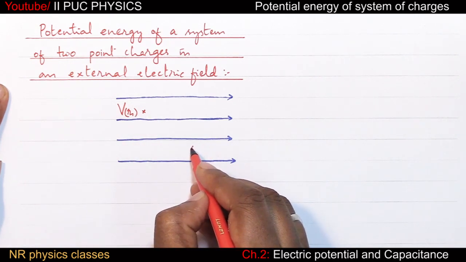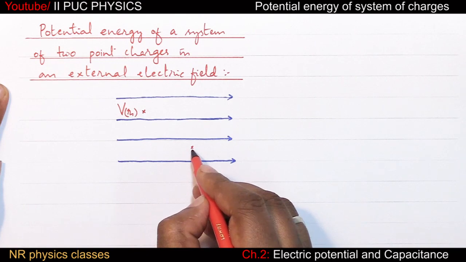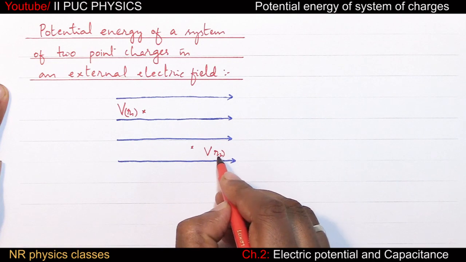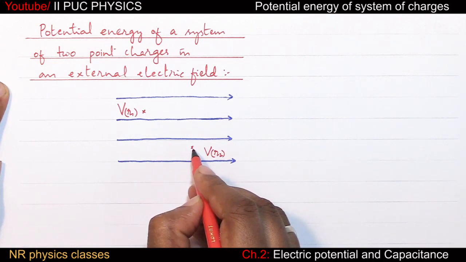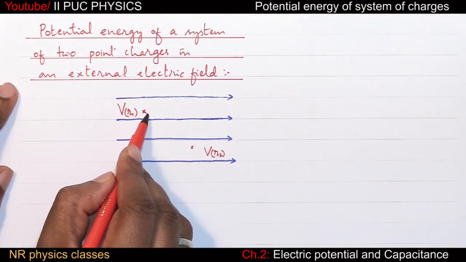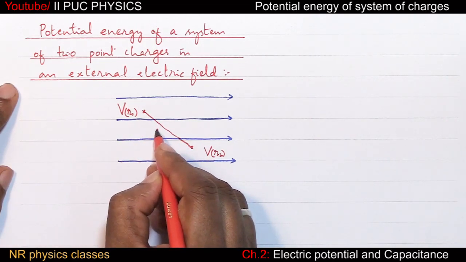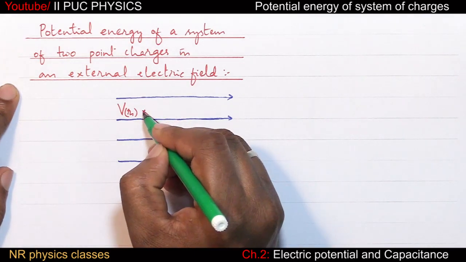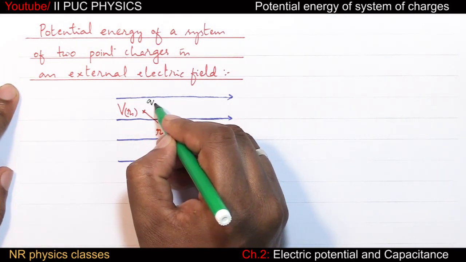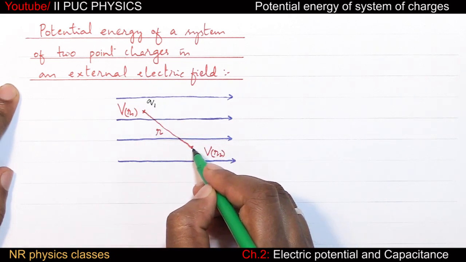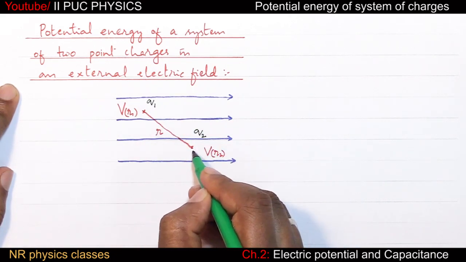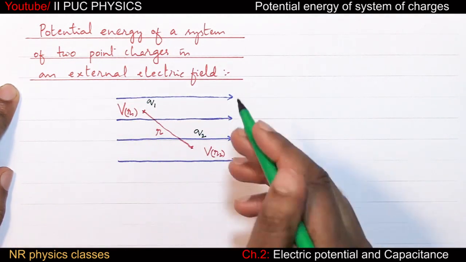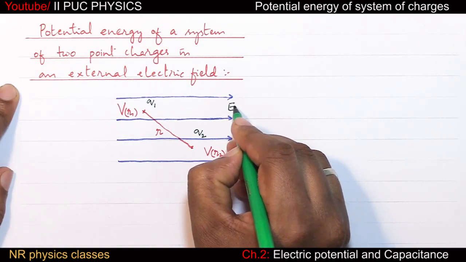This is the second point. Potential at this point is V(r2), where r2 is the position vector of this point. Distance between these 2 points is r. Let me keep charge Q1 at this point, second charge Q2 at this point. Observe, there are 2 point charges in an external electric field E.